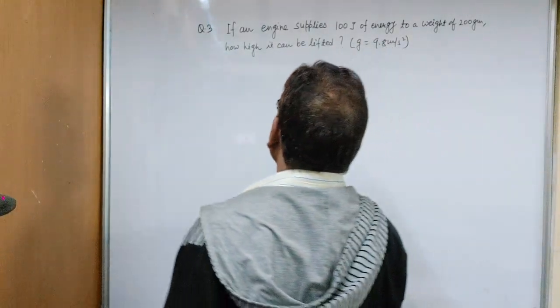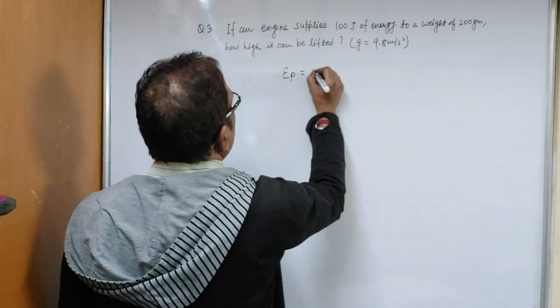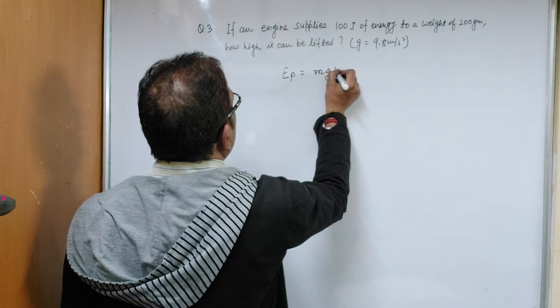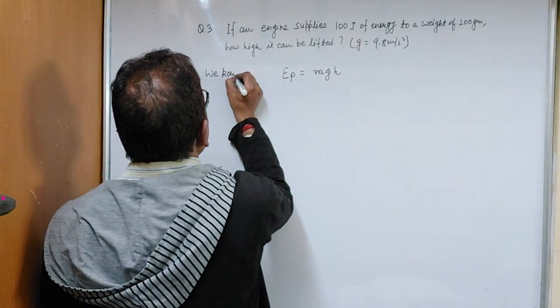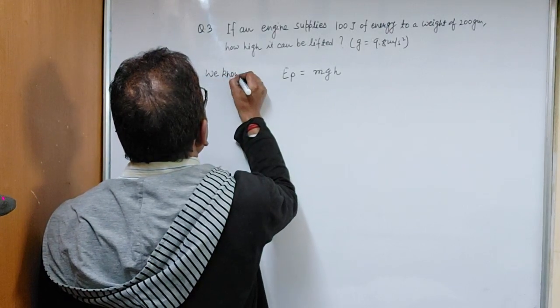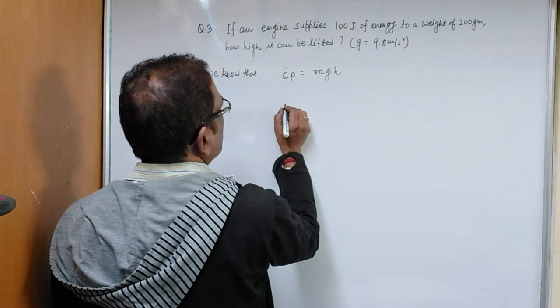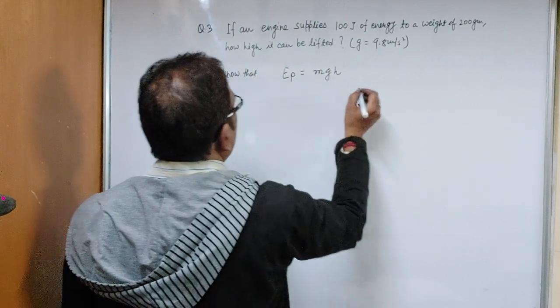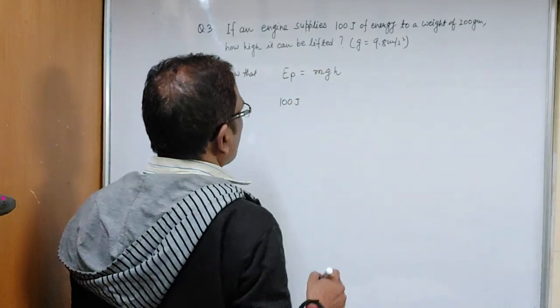So we know that EP is equal to mgh, and EP is given, that we are supplying 100 joule of energy.